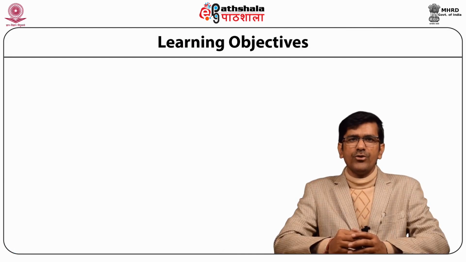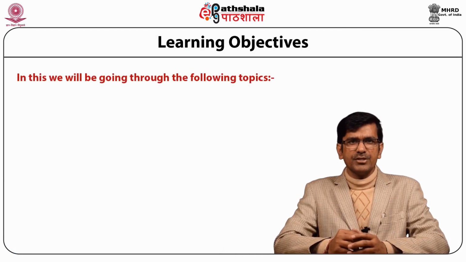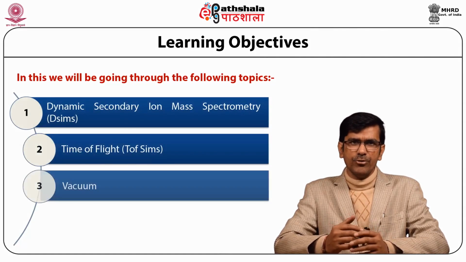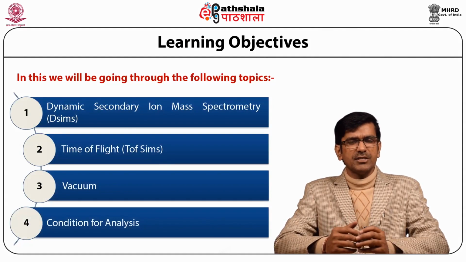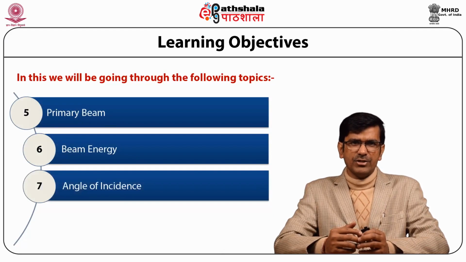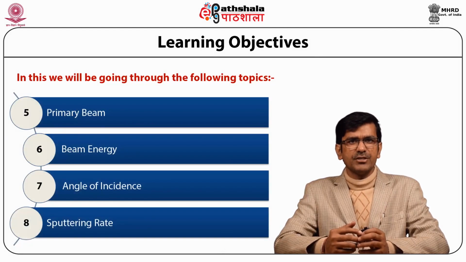Now, let us see the overview of this module. In this, we will be going through the following topics: dynamic secondary ion mass spectrometry, the time of flight, vacuum, conditions of analysis, primary beam, beam angle, angle of incidence, sputtering rate.